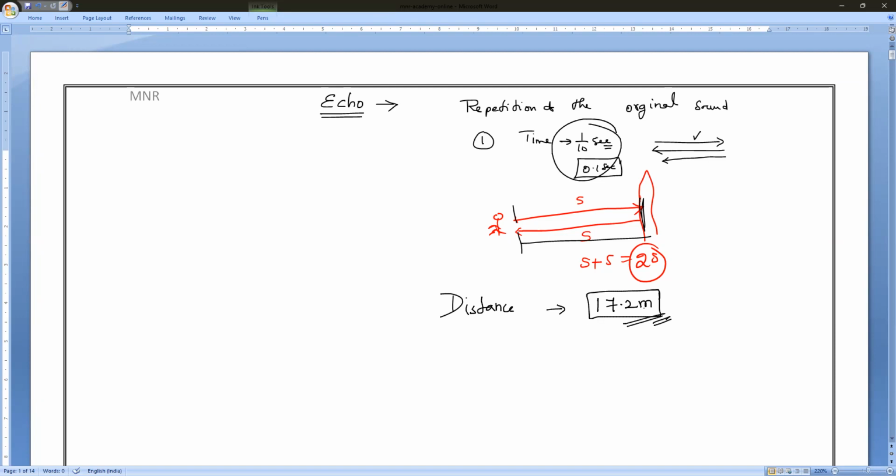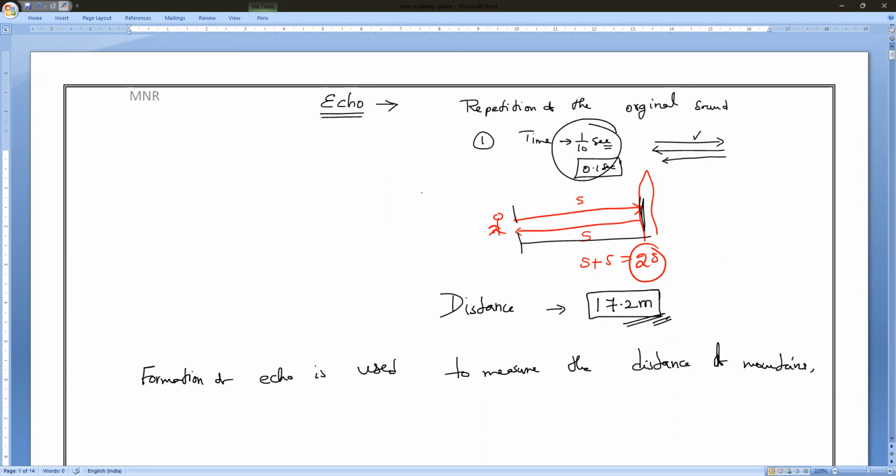Now, the formation of echo has many applications, so you have to remember them. Write it, everybody. The formation of echo is used to measure the distance of mountains.